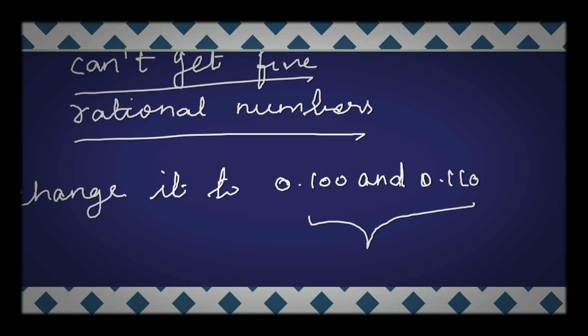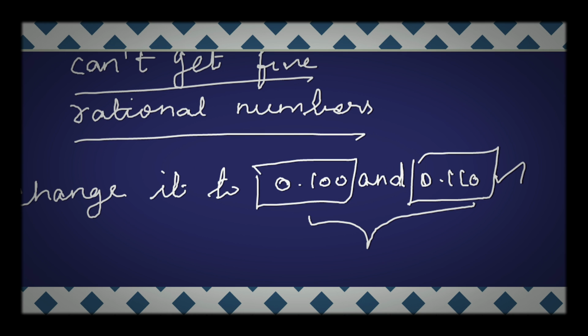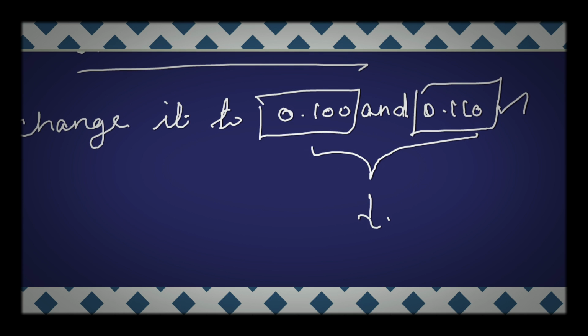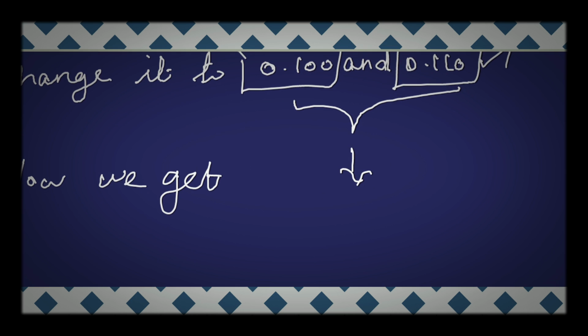So again we need to add one more 0 after 0.10. So that becomes 0.100 and 0.110. Now the decimal places are equalized. So getting in-between numbers between 0.100 and 0.110 is easy.